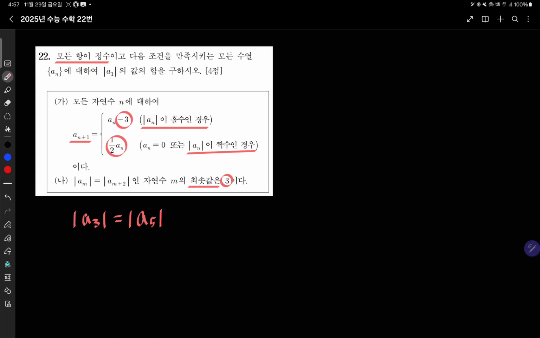That means the absolute value of the second term is not the same as the absolute value of the fourth term, and the absolute value of the first term is different from the absolute value of the third term.